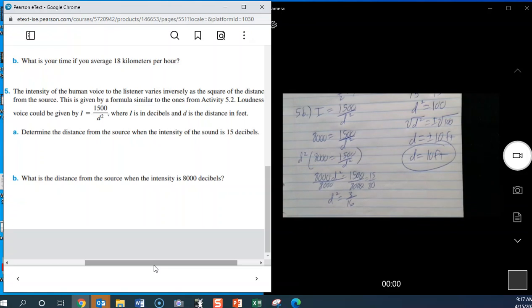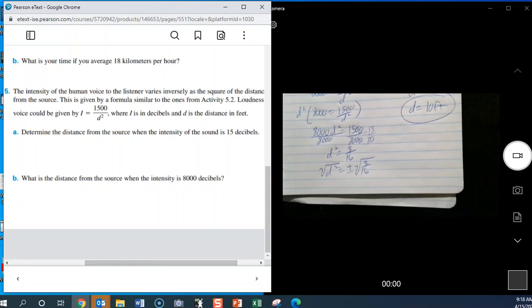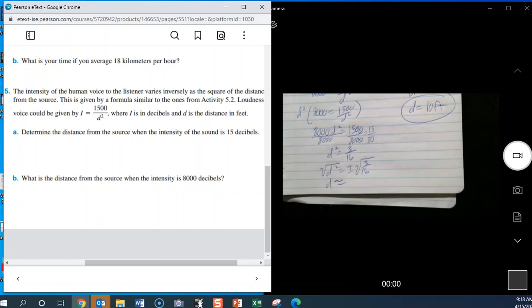So we have 3 over 16. We'd take the square root of both sides. So we have the square root of d squared and plus or minus the square root of 3 over 16. Now, we know we're not going to use the negative value for this problem. But what we're going to do is put this in our calculator and round this to 3 decimal places.